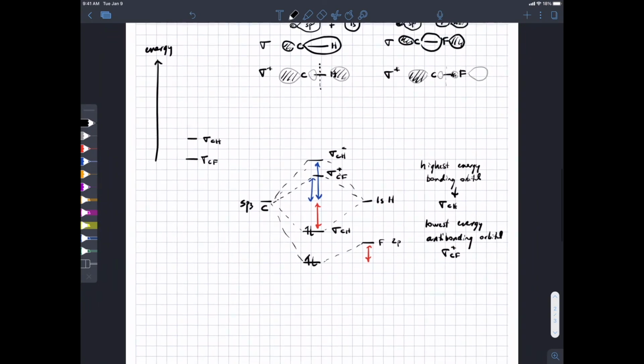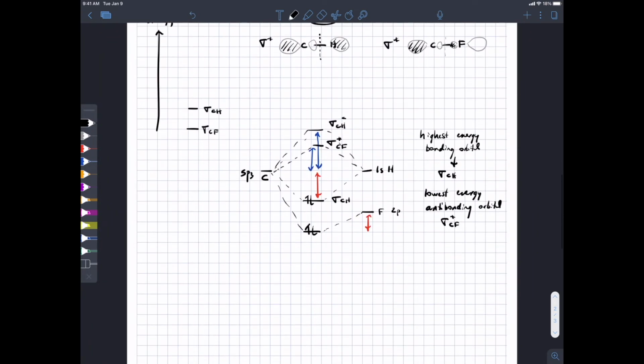Now, how does that play out in the conformations of this molecule?